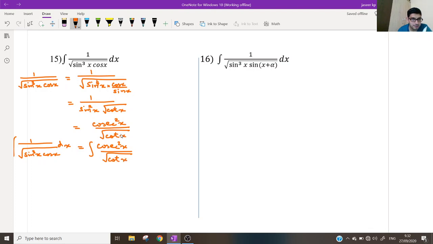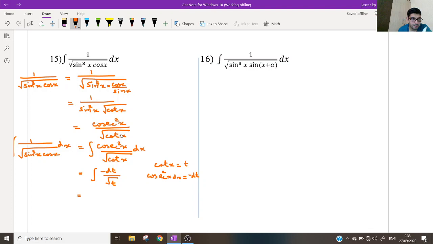So if you see, this is a simple substitution, cot x is equal to t. So cosecant square x dx will become minus dt. So it will become minus dt divided by root t.